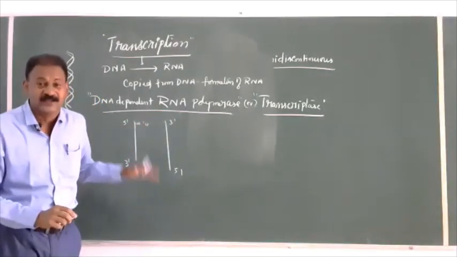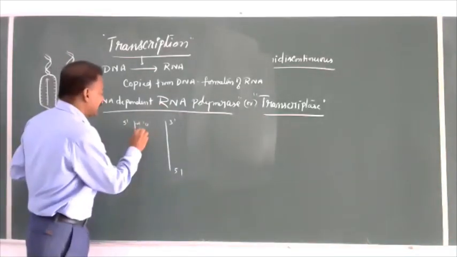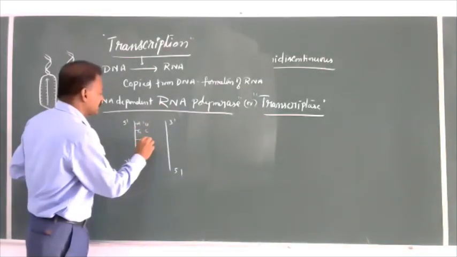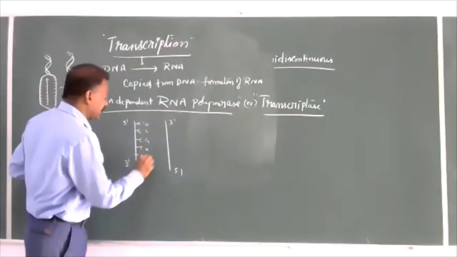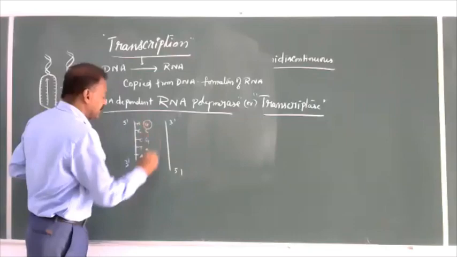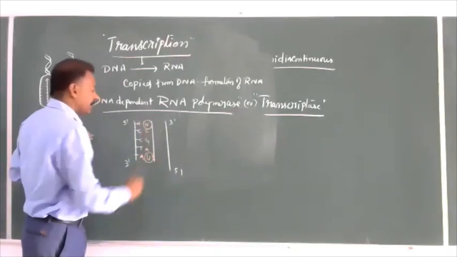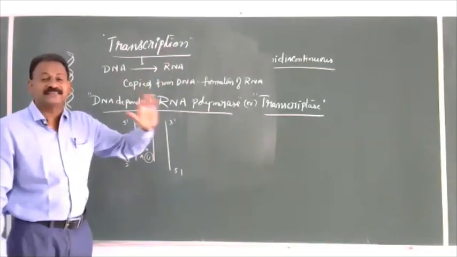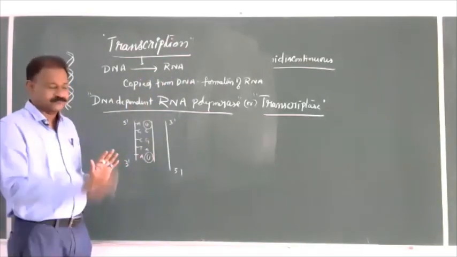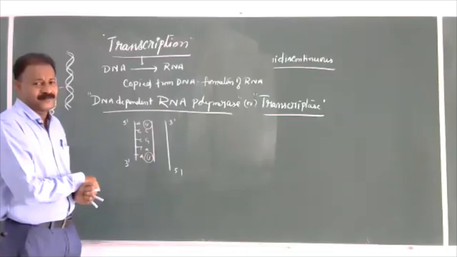If guanine is here, cytosine. Cytosine is here, guanine. Thymine is here, adenine. So instead of thymine in the RNA molecule, uracil is found. That is the difference. Three differences are there.